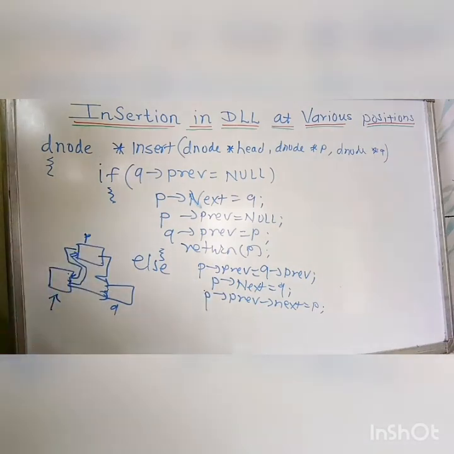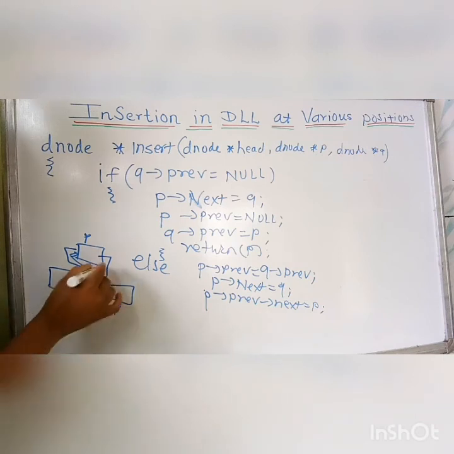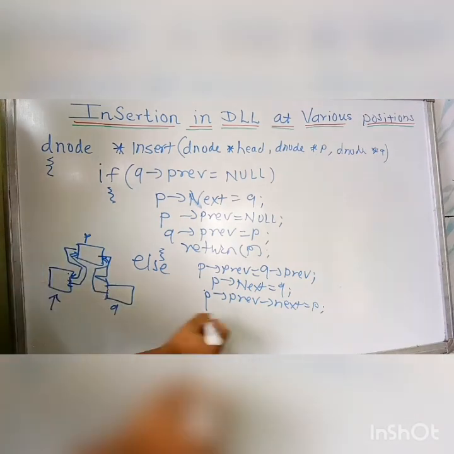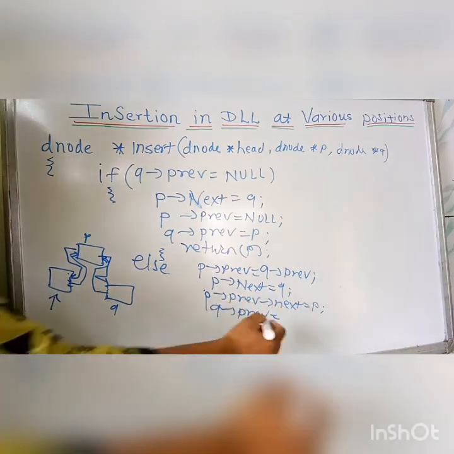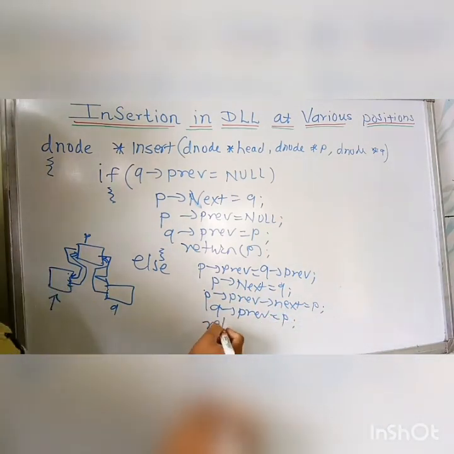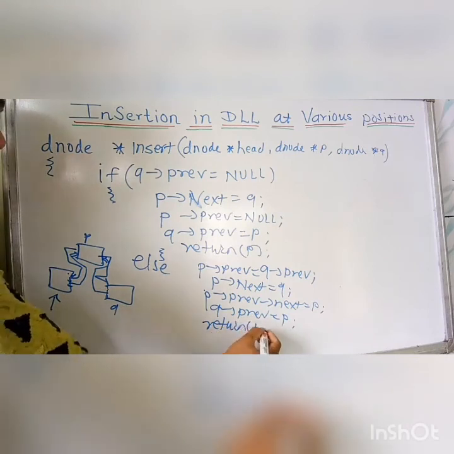So here is the statement, and simply as we have connected these two ways, but here this connection was broken. So we have to connect these to this. So Q pointer previous is nothing but P, and we will simply return the head pointer.